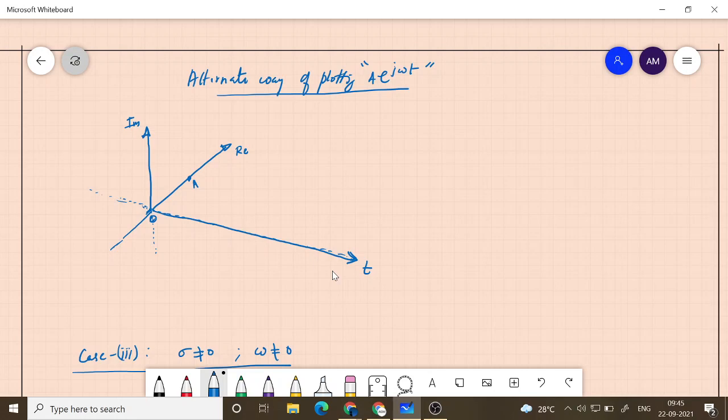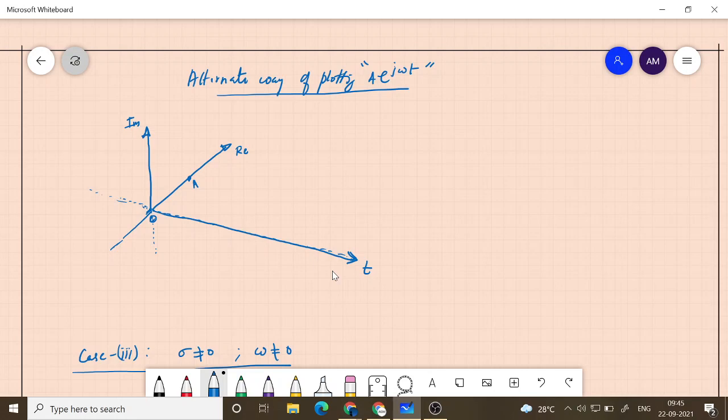Now if I go to a later time, what will happen? If omega t becomes pi by 4, as t increases, depending upon the value of omega, at some point of time omega t becomes pi by 4.